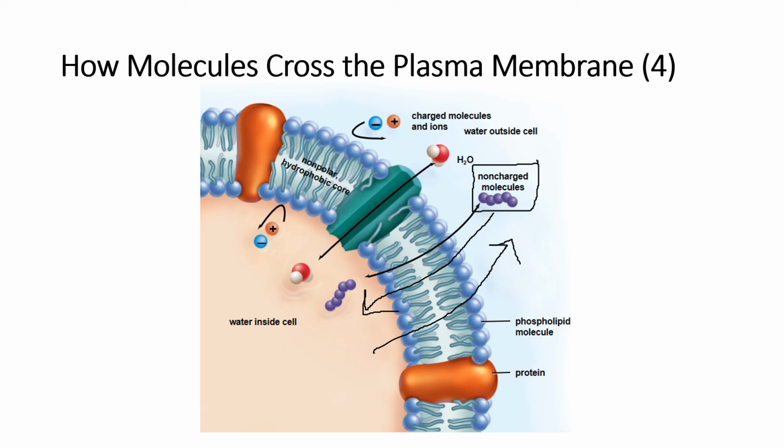And then remember how we learned about triglycerides and they had 3 fatty acids attached? Well, if you get it down to a monoglyceride, so only 1 fatty acid is attached, typically this is done through the digestion activity of your digestive system. The monoglycerides can move in and out of the cell pretty freely, as well as short fatty acids. So these are all examples of small non-charged molecules, and we'll get to another example in a minute.